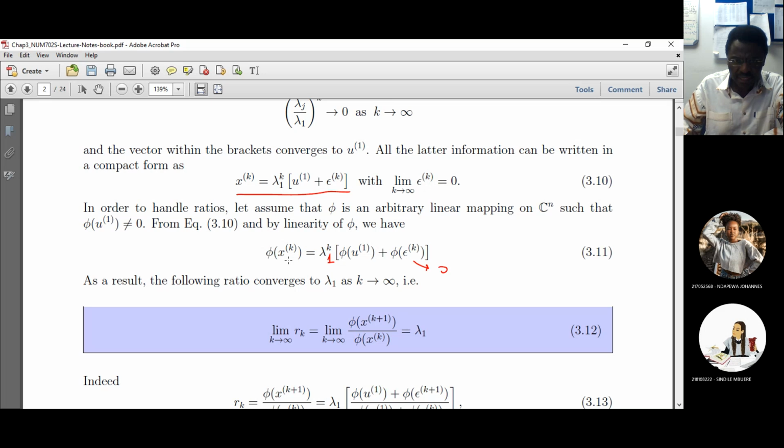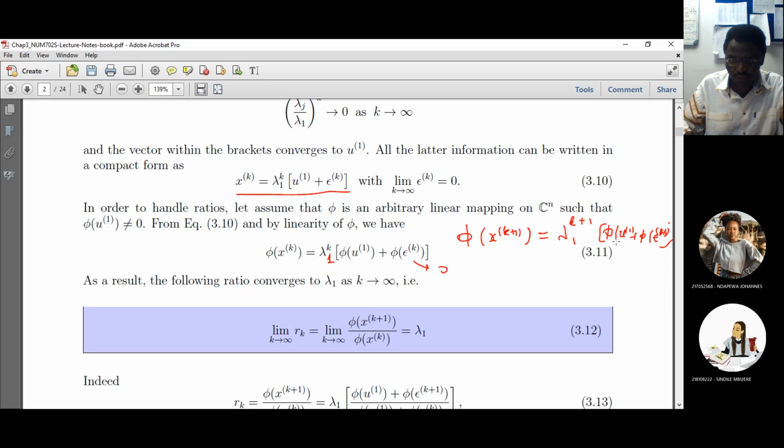Okay. Now, if I write phi of x to the k plus 1 from this, similarly to this, it will be lambda 1 to the k plus 1, into the same thing inside here, but the difference will be here. This will be epsilon k plus 1.